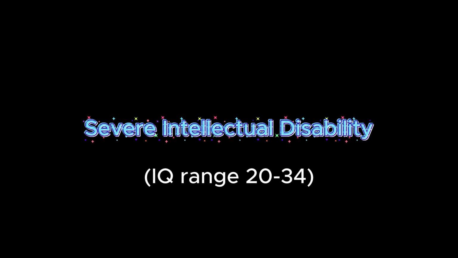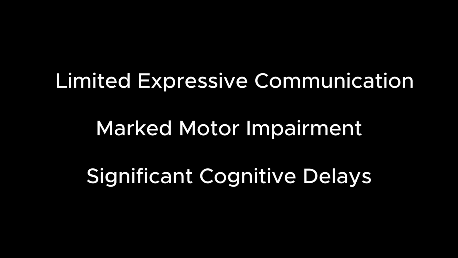Severe intellectual disability. This covers a range of IQ 20 to 34. Individuals in this range show limited expressive communication, marked motor impairment, and significant cognitive delays. They require long-term support for basic daily living activities and personal hygiene.